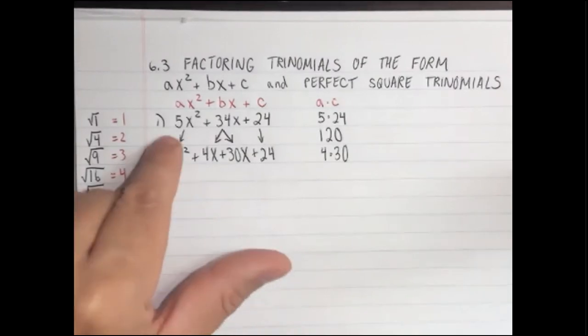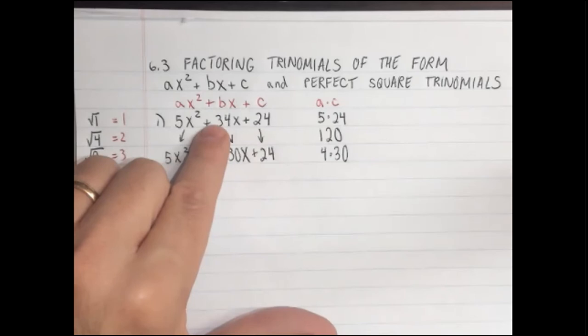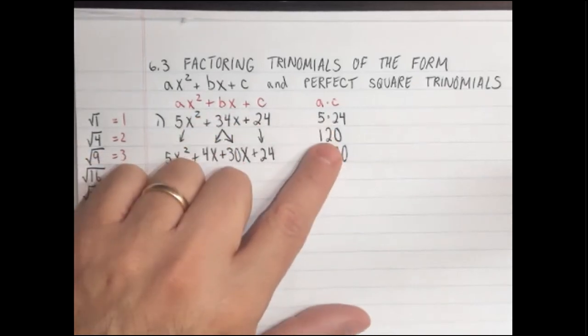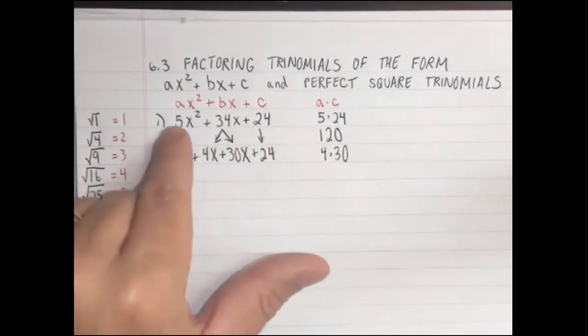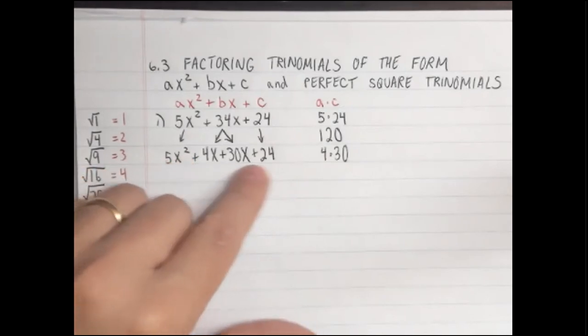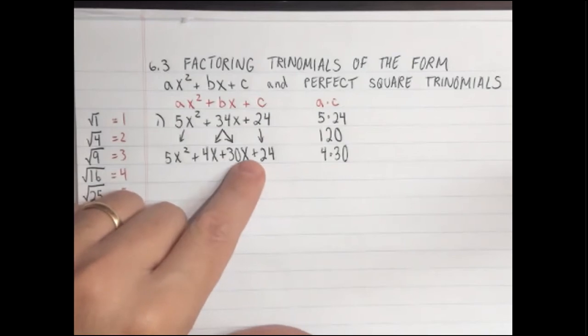So we took the trinomial, found A times C is 120, and then the factors of 120 that give me 34, 4 and 30. We rewrote the trinomial as a 4-term polynomial. There are 4 terms here.